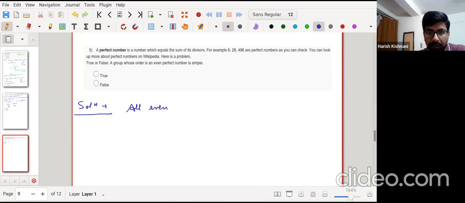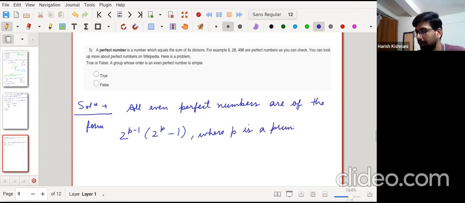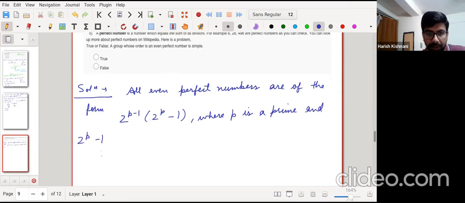All even perfect numbers are of a specific form, and that form is 2^(p-1) times (2^p - 1), where p is a prime and this term in the product, 2^p - 1, is also a prime.